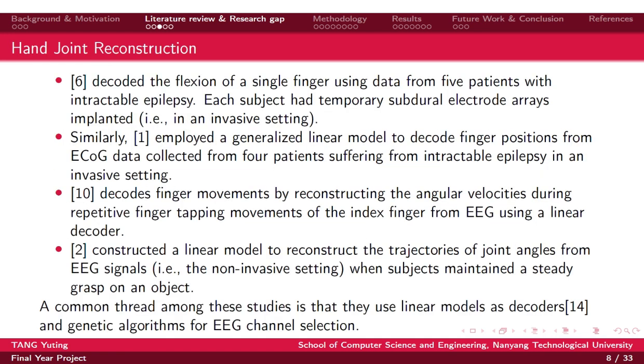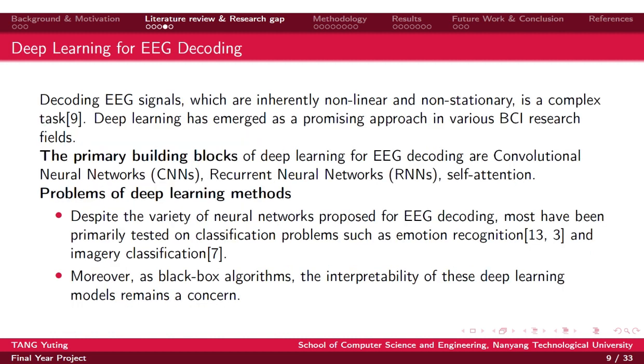A common thread in hand joint or finger joint reconstruction is that they tend to use linear models as decoders and genetic algorithms for EEG channel selection. Meanwhile, decoding EEG signals, which are inherently non-linear and non-stationary, is a complex task.